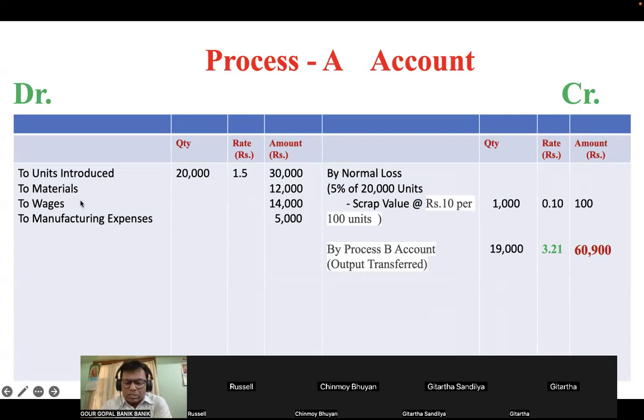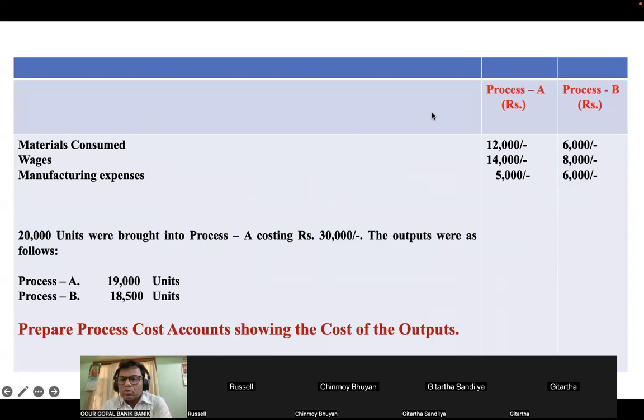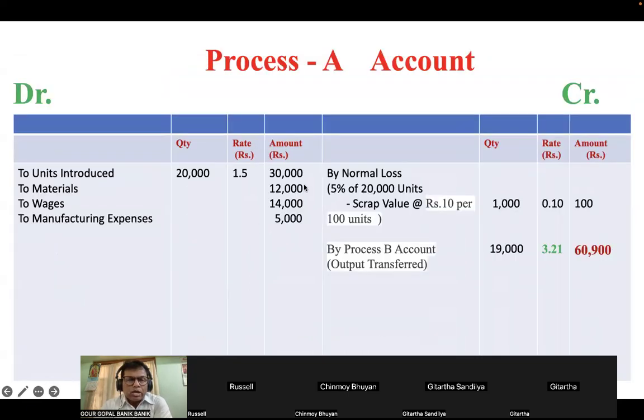Then extra materials, I told you, materials 12,000. This 12,000 I have taken as materials consumed. Some people divide this 12,000 by 20,000, they find per unit material also here. It's not much necessary, but for further analysis, if you want, it doesn't matter.